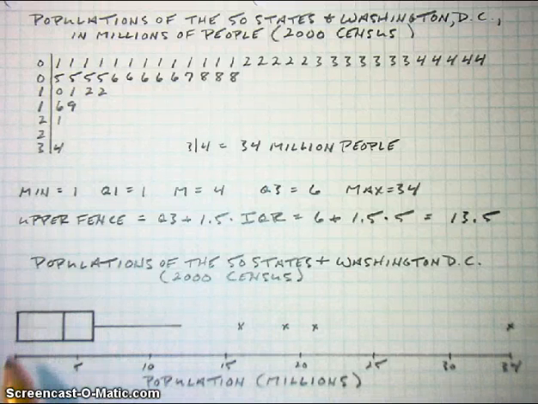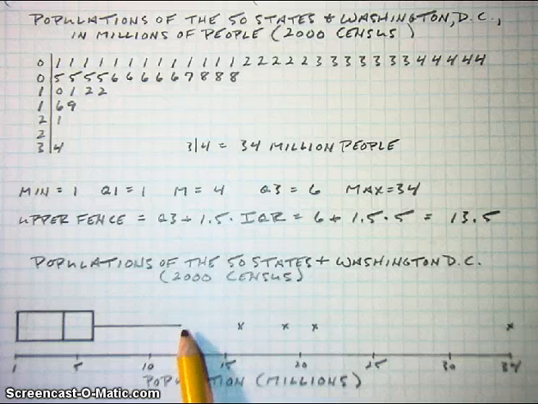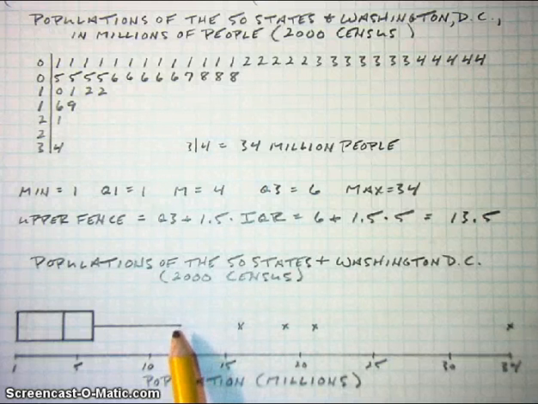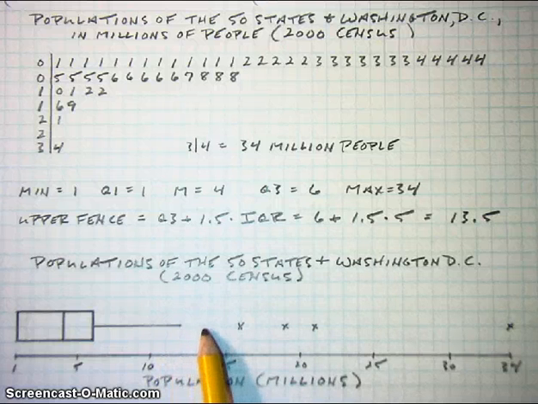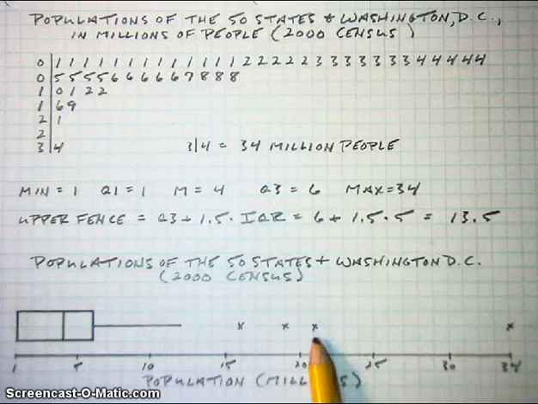Here is our box, first quartile, median, third quartile, and then we extended the whisker on the right side out to 12, which is the highest value in the data set that's not an outlier. You don't extend it out to 13.5, don't extend it to the fence, only extend it to the most extreme value that is not an outlier. And then we have the outliers 16, 19, 21, and 34.